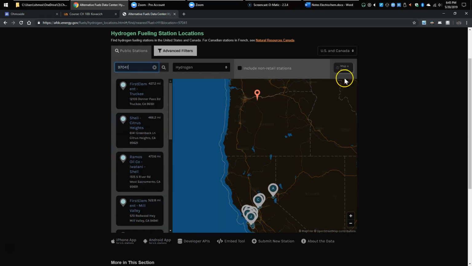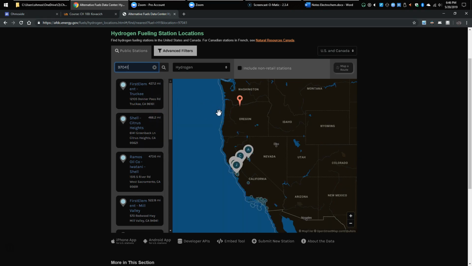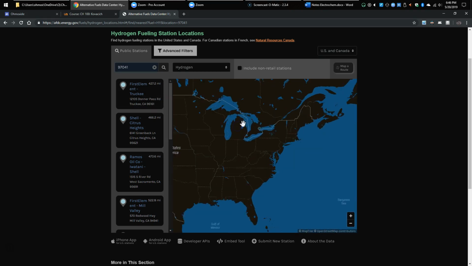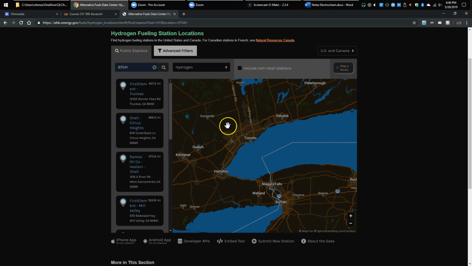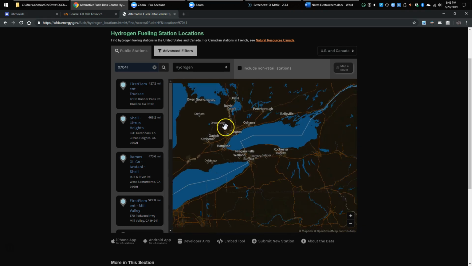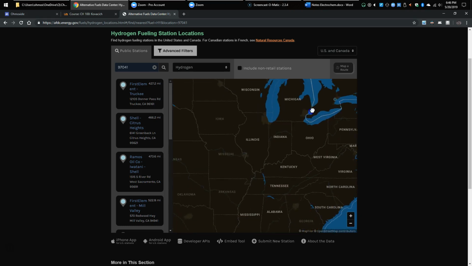There are none in Parkdale. The closest one is 427 miles away. So don't go buying a hydrogen car unless you're planning on moving to California. Ooh, there's one in Toronto. Even further away.